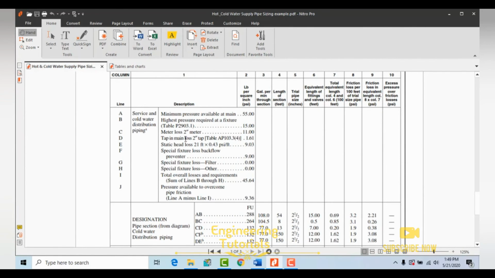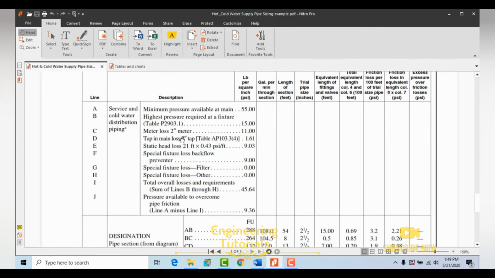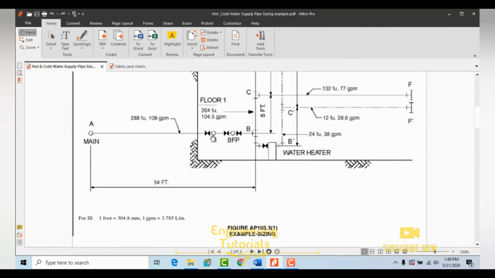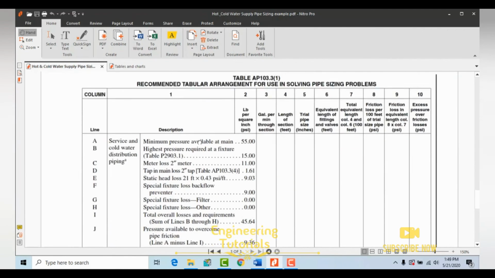We have a 2-inch water meter over here, as you can see in the drawing, and the pressure loss for that meter you can get from the supplier.